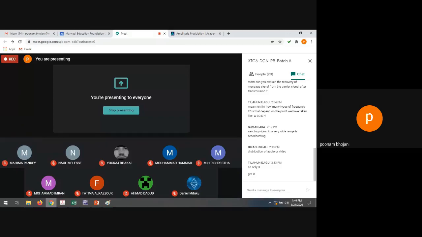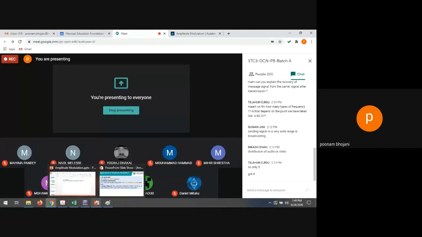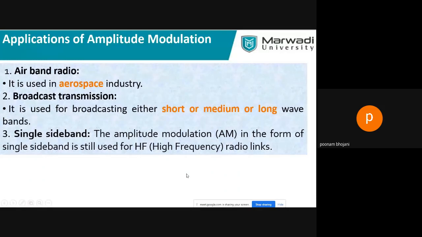Yes, broadcasting: if you are sending a signal over a wide range, that is known as broadcasting, or you can say long distance communication, right? Whenever you are using broadcasting, you are actually getting a signal from the satellite. So broadcasting means communication is happening over a very long distance. And this communication can be possible for short, medium, or long wavelength.